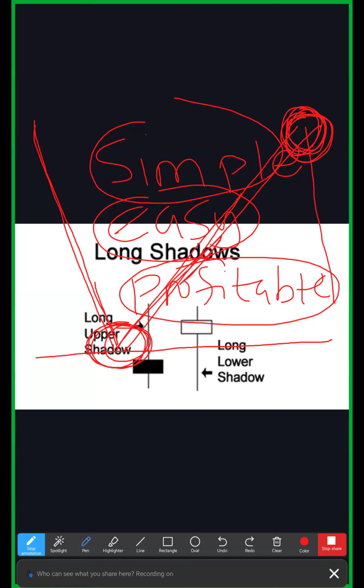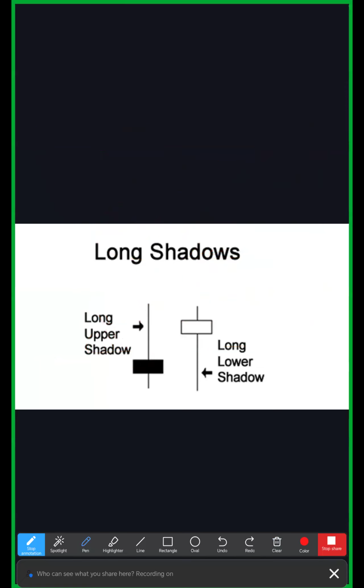Candlesticks act as a language of the market. When buyers are buying, they leave a trail, a footprint that you can track. The same with sellers: when they are selling, they also leave a footprint that you can follow.